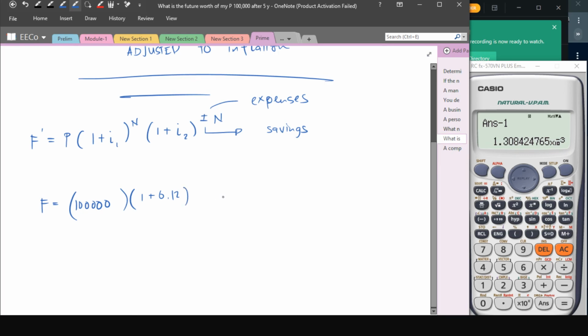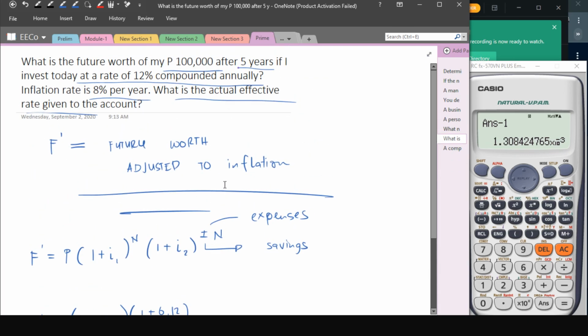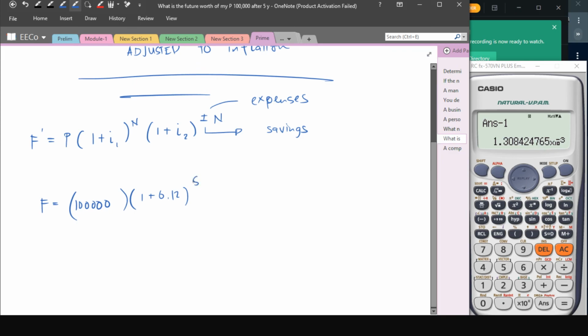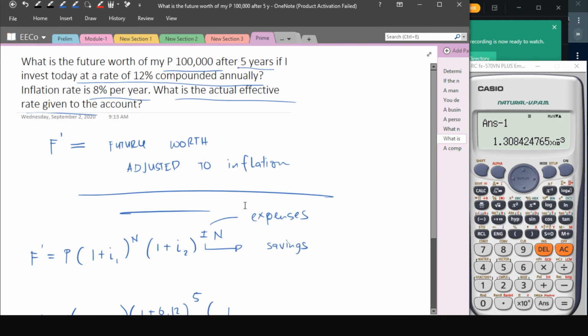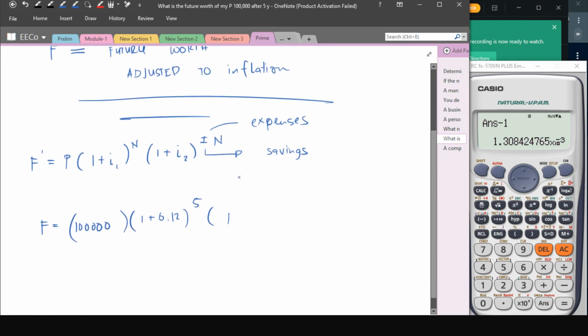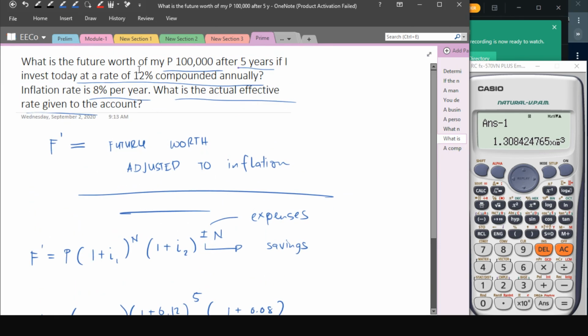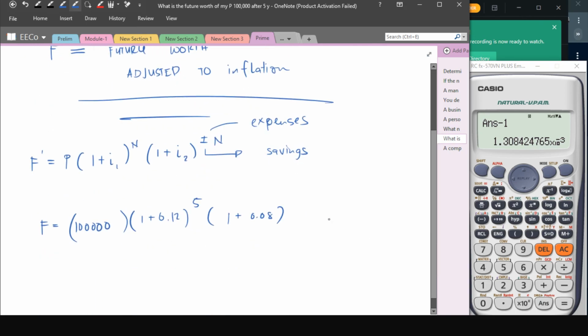Raised to, how many years will it be accounted for? So, 5 years. Tapos, 1 plus inflation rate is 8% per year. Plus 0.08. Okay. Future worth of my 100,000, is that a savings or not? Diba, your 100,000 without even paying for something or buying something, that is a saving. So, that is negative 5.